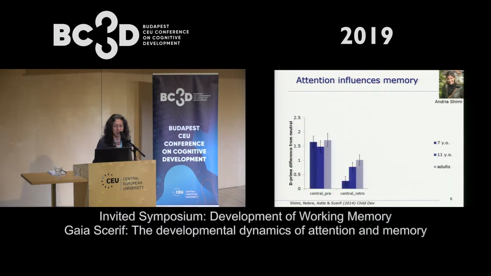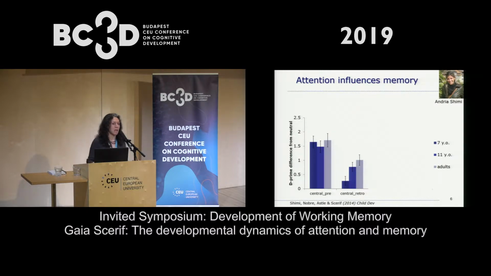Behaviorally, what Andrea found was that, first of all, when testing 7-year-olds, 11-year-olds, and adults, 7-year-olds are not very good at remembering 4 items. But if you quantify the benefit that these groups draw from attention cues, when those cues happen prior to encoding, in preparation for items that are going to be encoded into memory, 7-year-olds are pretty good, just as good as the older children and adults, in drawing attentional benefits in favor of their memory.